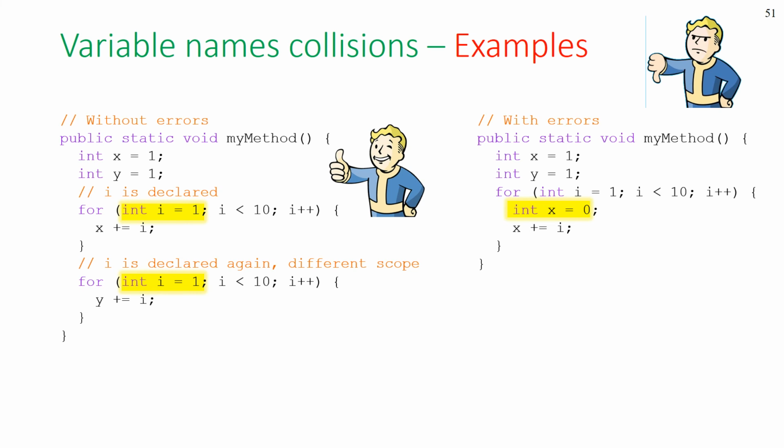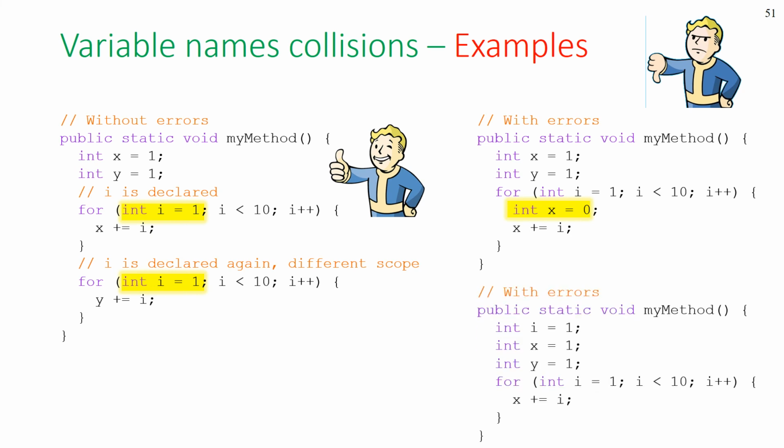Some languages do that. In Java, this is going to lead to a compilation error, because Java is going to say you are trying to declare the variable named x inside that scope, but that scope is nested inside the scope of the method named myMethod, and that method already has a variable named x. So Java refuses to have multiple variables in nested scopes with the same name.